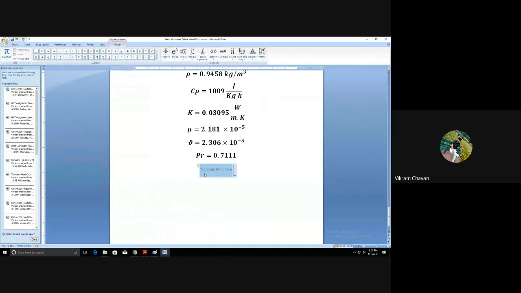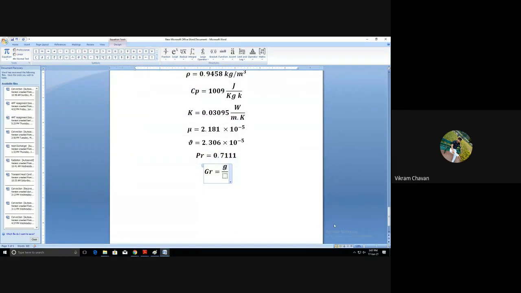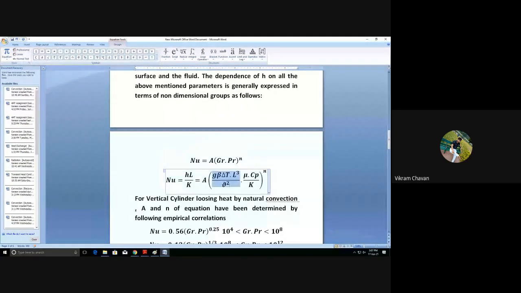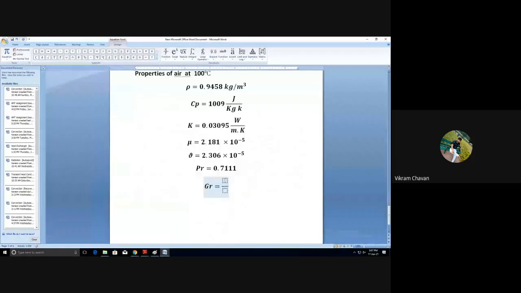Insert the equation. Grashoff's number is equal to, I will take the formula directly. Put in all the values that we have considered. G beta delta T, for that we require the beta value.